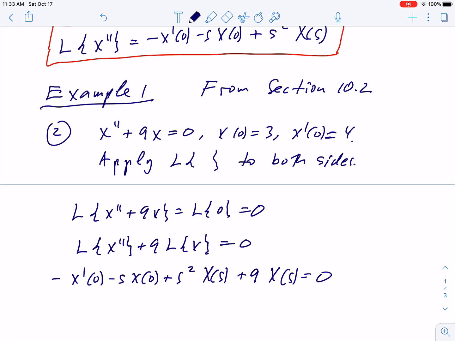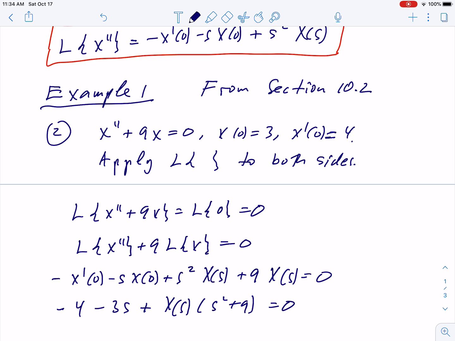At this point we substitute the initial values. X prime 0 is 4, x0 is 3, so we have minus 4 minus 3s plus, let's factor the big X, s squared plus 9 in parentheses, and all this equals 0.